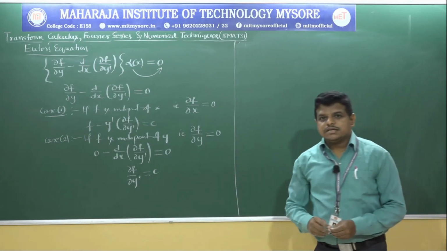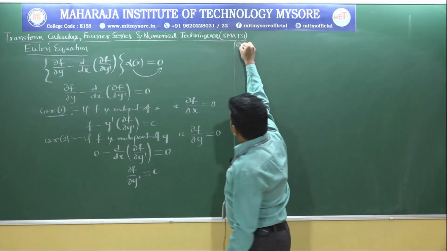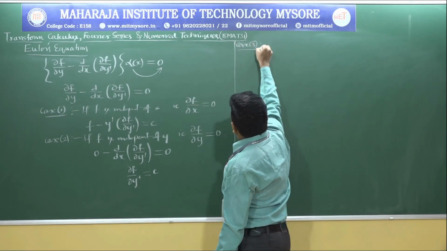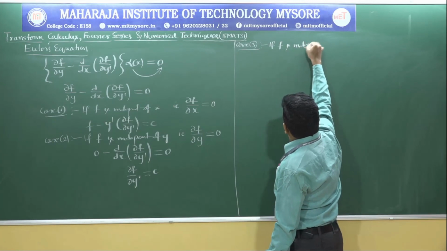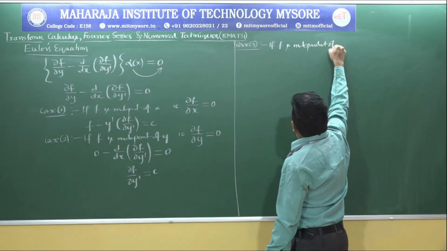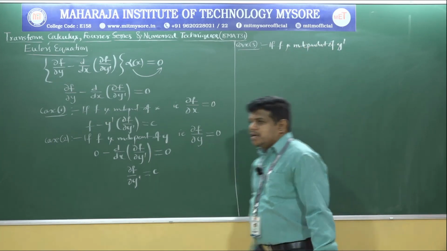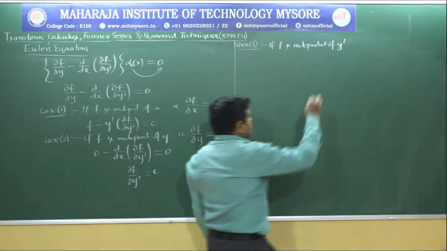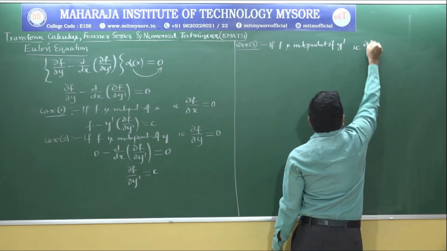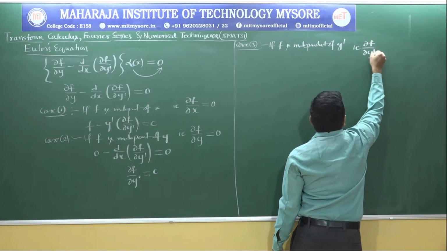Okay, next the last case is if f is independent of y dash. That means f does not contain any variable y dash, that is ∂f/∂y dash becomes 0.